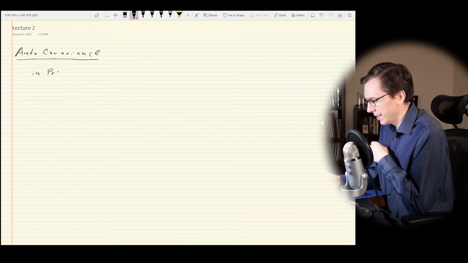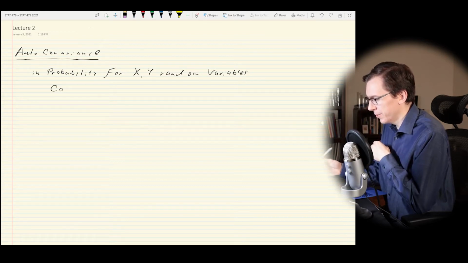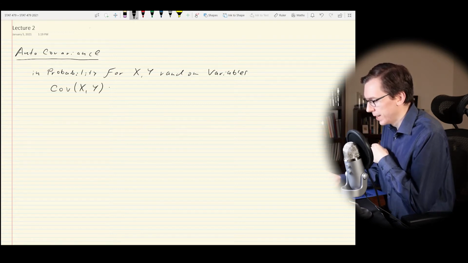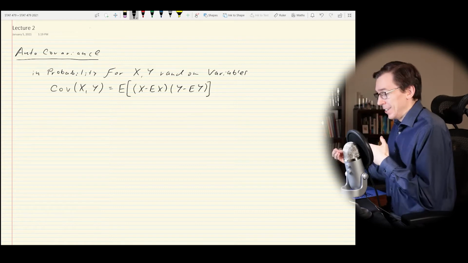In probability, for x and y random variables, what we have is that the covariance, the cov, between x and y, two distinct random variables, is going to be the expectation of x minus the expected value of x times y minus the expected value of y. So we have this definition.